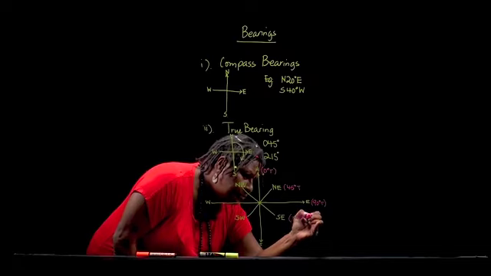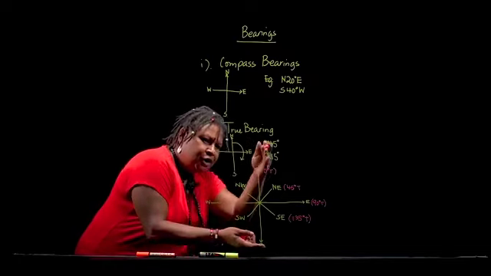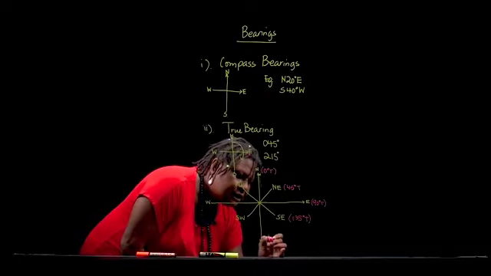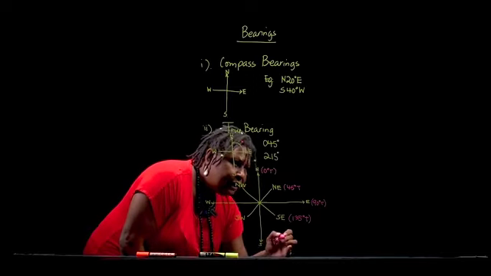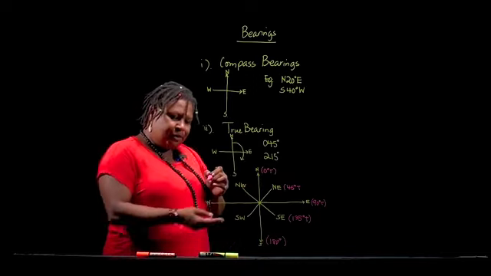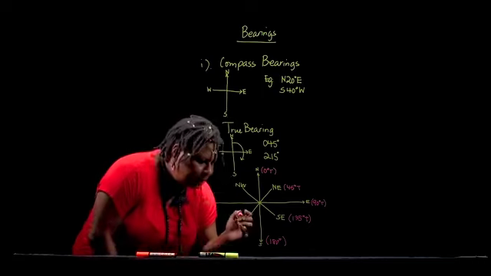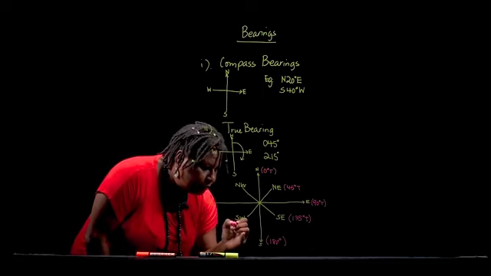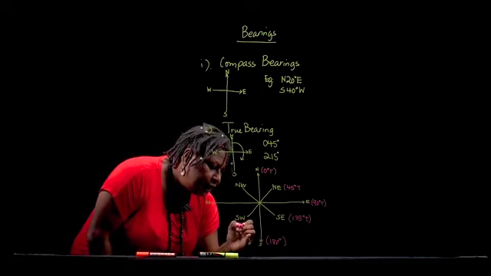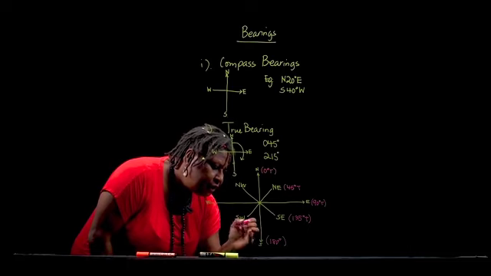South, a straight line, is 180 degrees. Southwest would be 225 degrees.